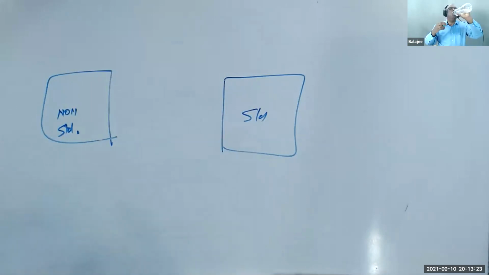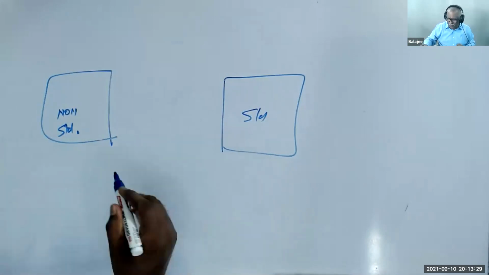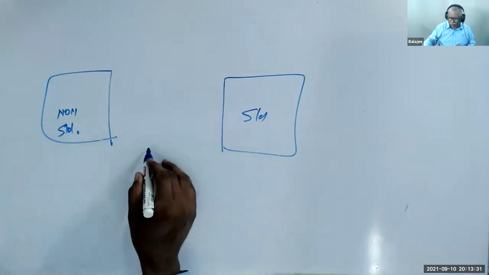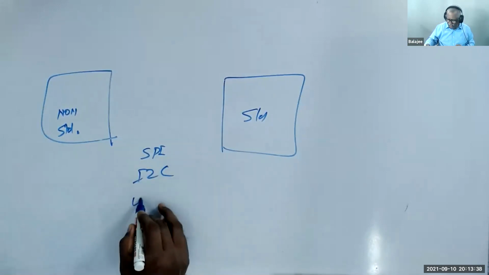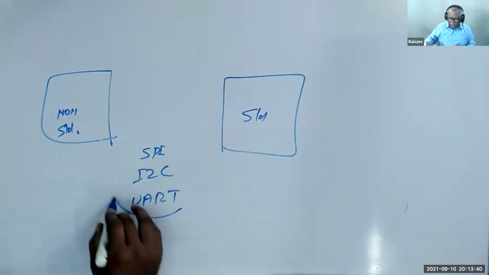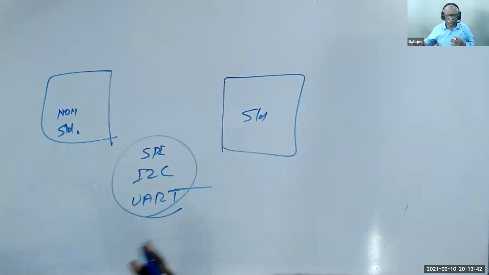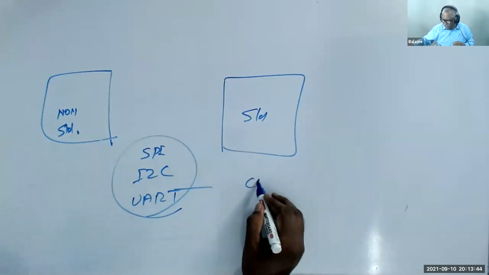Always try to. But it is very tough to do with the top level. I told you now, these 3 are very easy: SPI, I2C, and the UART. So try to learn them as much as possible. But that is not possible with your CAN and other ones.